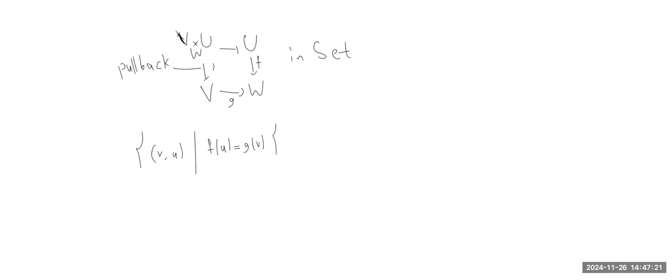In sets, this is a pullback. And now, if we apply D, we will get a weak pullback, as I explained before. But why is it true? Because if we take the real pullback, like let's say we apply D on this.